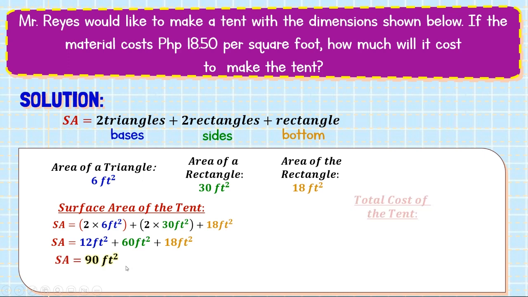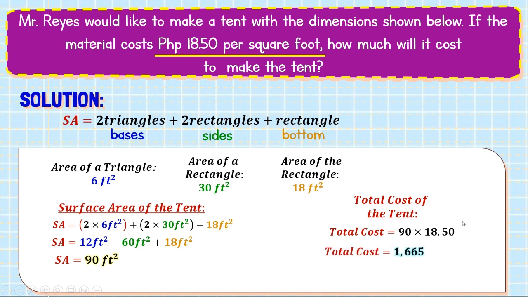For the total cost of the tent, multiply the square feet by the materials cost per square foot, which is 90 times 18 pesos and 50 centavos. Therefore, the total cost is 1,665 pesos. So the tent will cost 1,665 pesos.